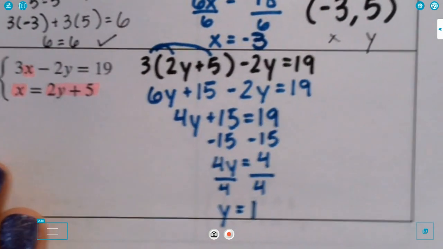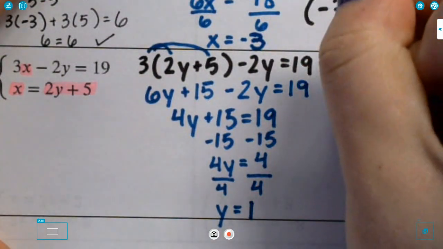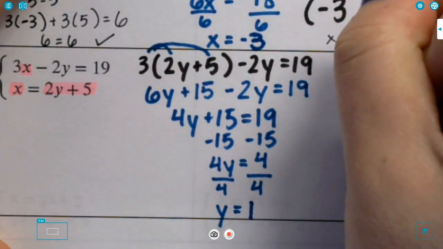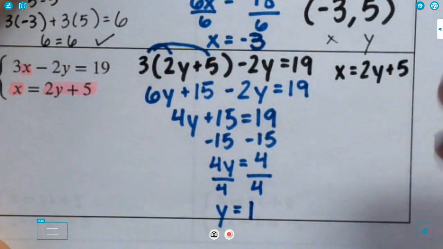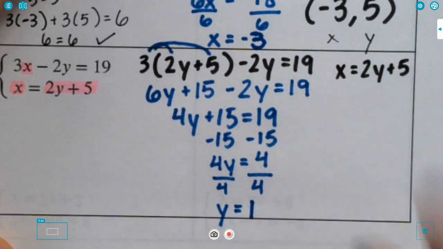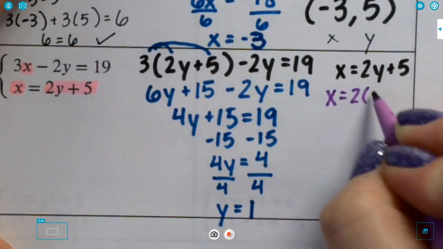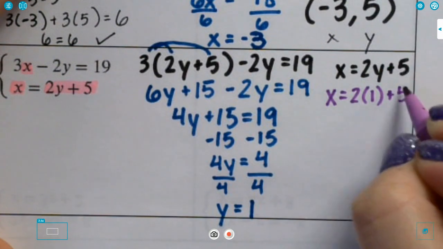Okay, so then we have now solved for y. We need to go solve for x. So we are going to come up here to x equals 2y plus 5. We'll use that equation. We now know that y equals 1, so we can plug in 1 for y. So this is going to be x equals 2 times 1 plus 5.